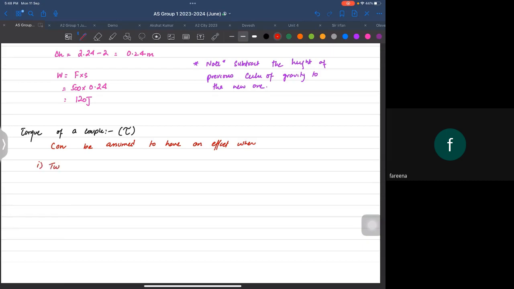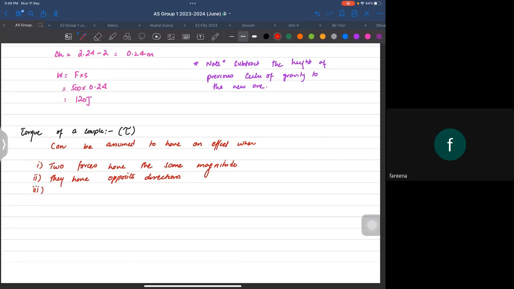First of all, two forces have the same magnitude. So when I talk about couple, it means it's talking about two forces. Okay. Then the other condition for this should be that they have opposite directions. All right.